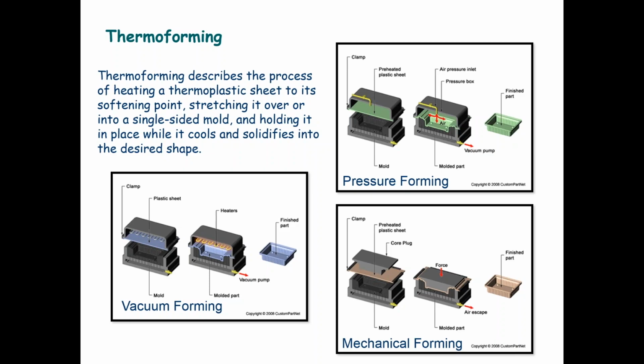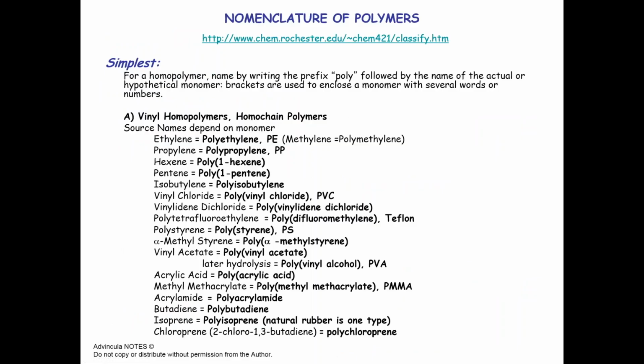Here, just to review, how can I name a polymer? It's very simple. You just take the name of a monomer, and then you add the prefix poly. So if your monomer is propylene, you add the prefix poly, it's polypropylene. Or if your monomer is styrene, you add the prefix poly, it's polystyrene. There is another way to name it.